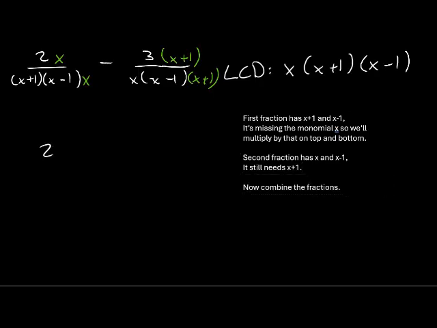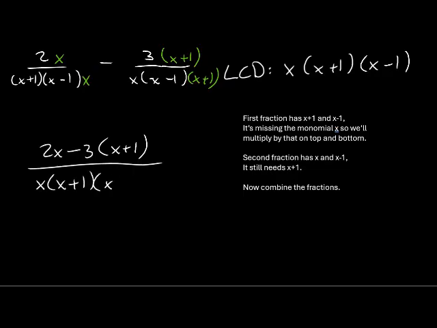We'll have 2x minus 3 times x plus 1 on the top after we put these terms together from the numerator. On the bottom, we'll still have our LCD, x times x plus 1 times x minus 1. When we combine these fractions, now we'll try to simplify the numerator, but don't worry too much about simplifying the denominator.